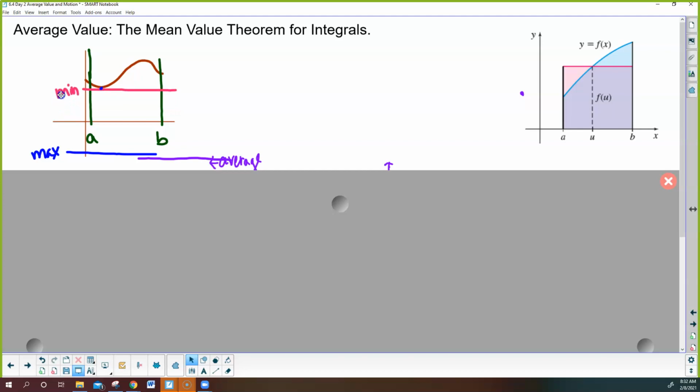Now, if I just drew a line straight across here, we could find the area under this curve, no problem. It's a rectangle, right? I take the minimum height times the difference between a and b, and that would give me the total area under this minimum line. But we could do the same thing with the maximum as well, right? I could find the maximum spot, and then I could find the area underneath that curve.